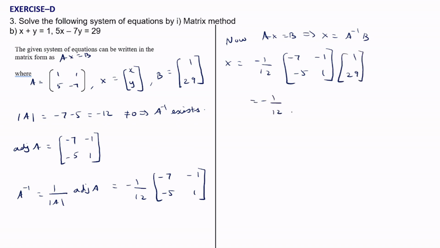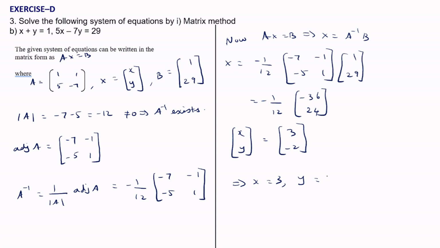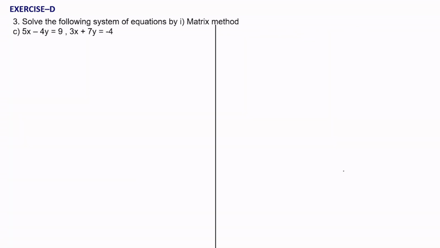So this is minus 1 by 12 into minus 7 minus 29, which is minus 36, then minus 5 plus 29, which is 24. So when we divide each of these terms by minus 12, we get 3 and minus 2. So x is nothing but the variables x and y. This implies x is equal to 3 and y equal to minus 2. Next question.